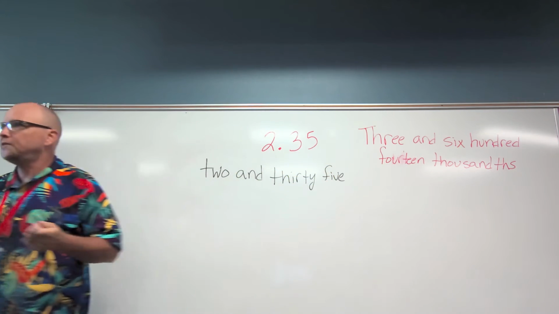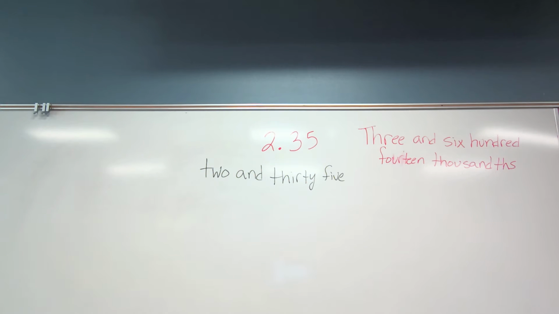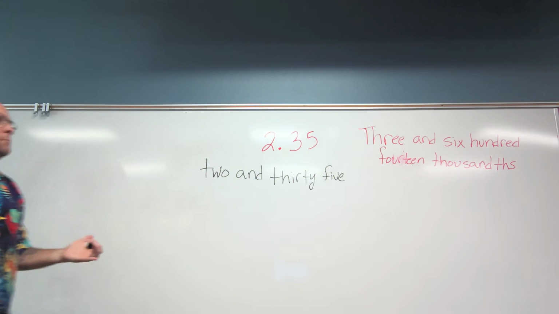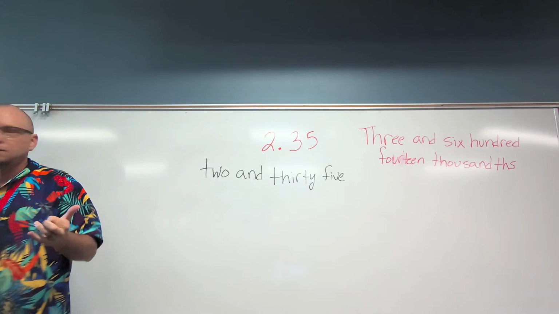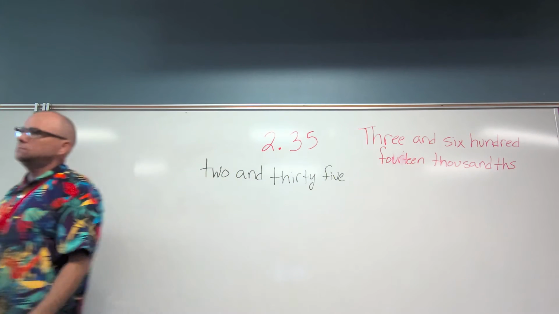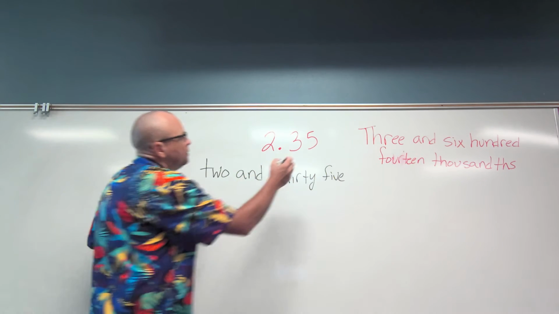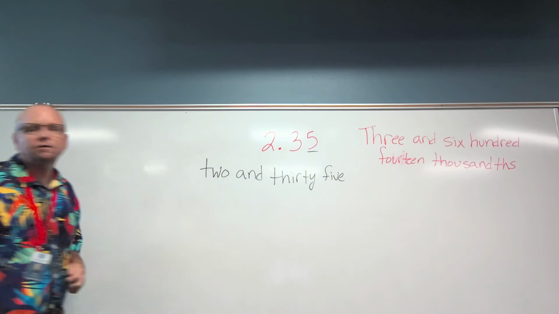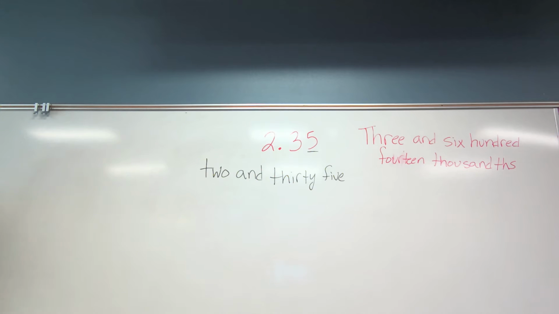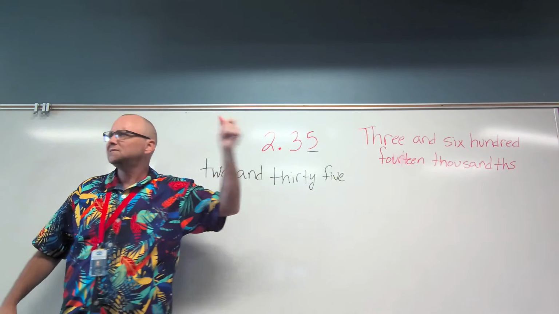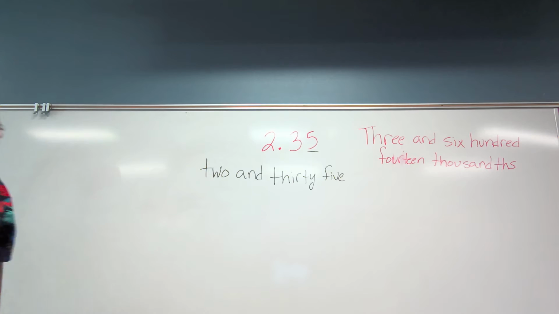So then we just read the number behind the decimal point as if it were just a regular number. Y'all can read 35. Then we find the smallest place value, which in this case is, what's the place value of the 5? Hundredths. And we write that.